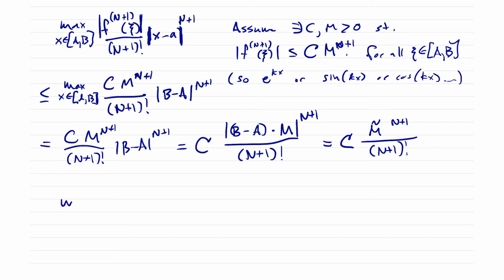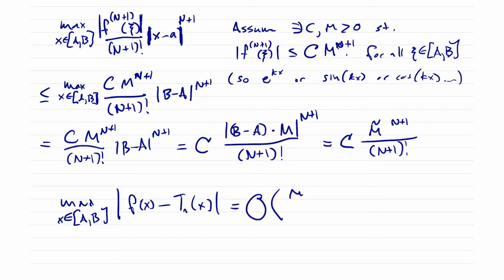But basically what we say is that the maximum over x in AB of f of x minus the Taylor polynomial at x is equal to big O of, say, m tilde to the n plus first power over n plus 1 factorial. And yeah, so that's an idea of what you get. You basically get exponential over factorial, and we know that this goes to 0.